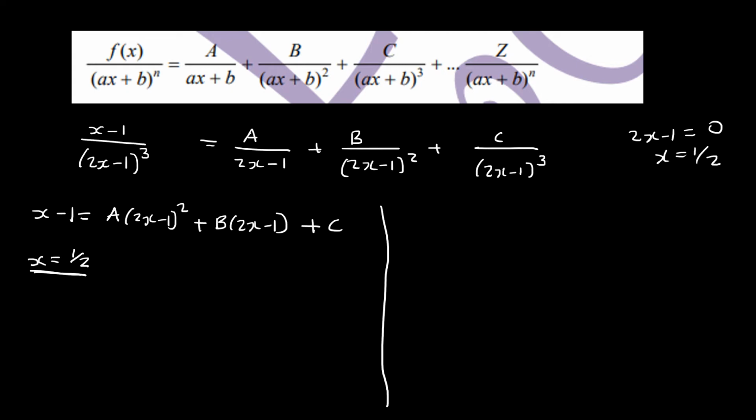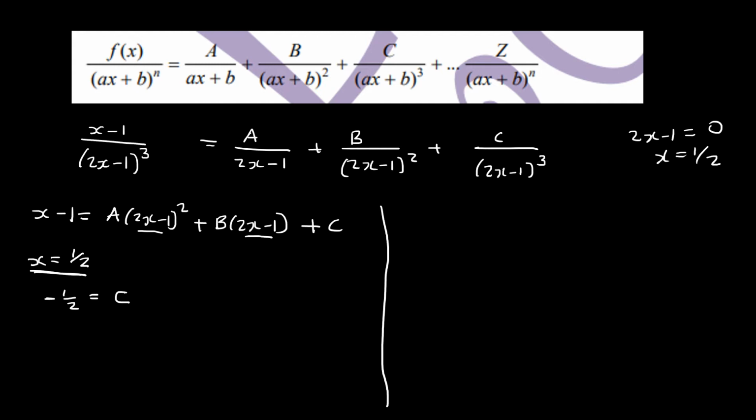So if x is half, what happens? If I substitute half for x there, I'll have half minus 1, which is negative half. This will be 0 and this will be 0, which means a will be multiplied by 0, and b will be multiplied by 0. I'll be left with c. So I have c.